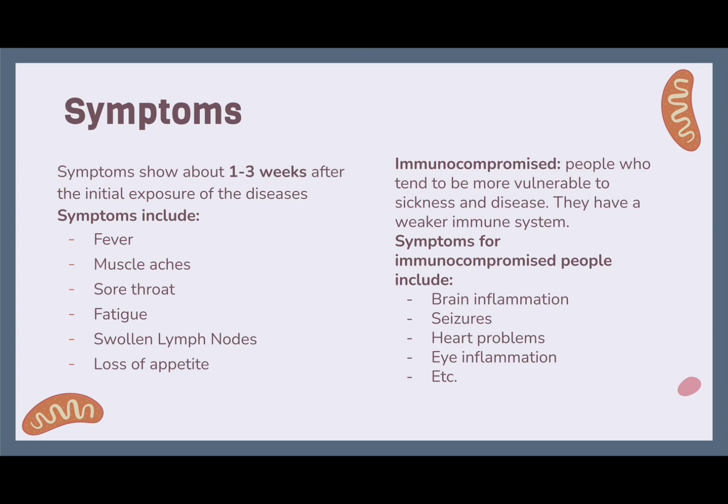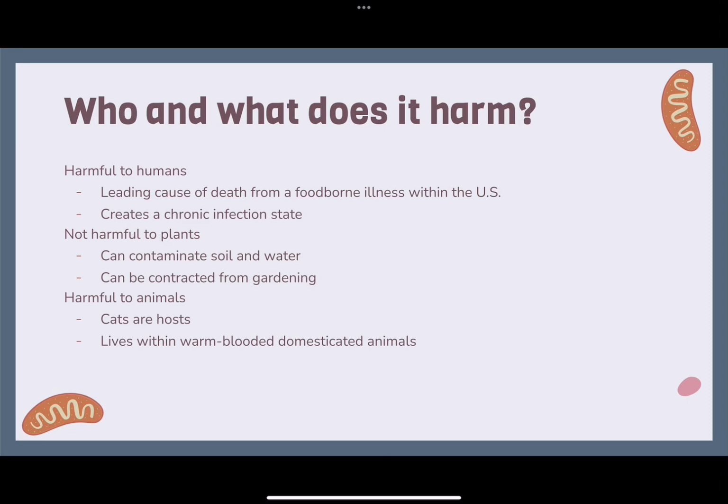Okay, next is who and what does it harm? The microbe is harmful to humans because it is said to be the leading cause of death from foodborne illness within the U.S. It is able to create a chronic infection state within the skeletal muscles and the brain of a warm-blooded host. It also crosses the blood-brain barrier as tachyzoites that are extracellular and replicate and infect the brain cells.